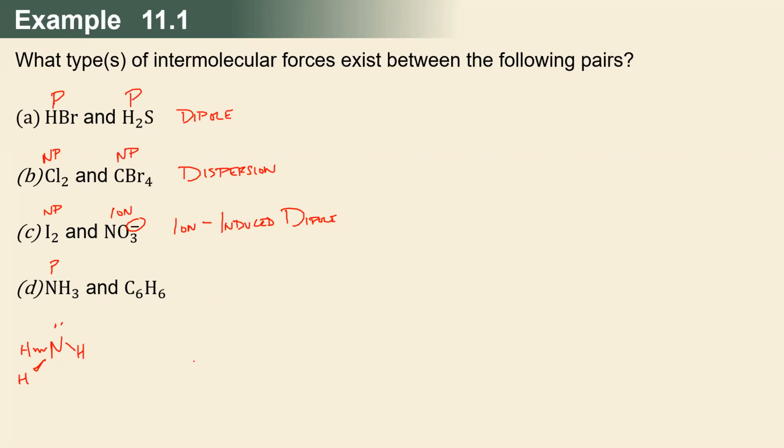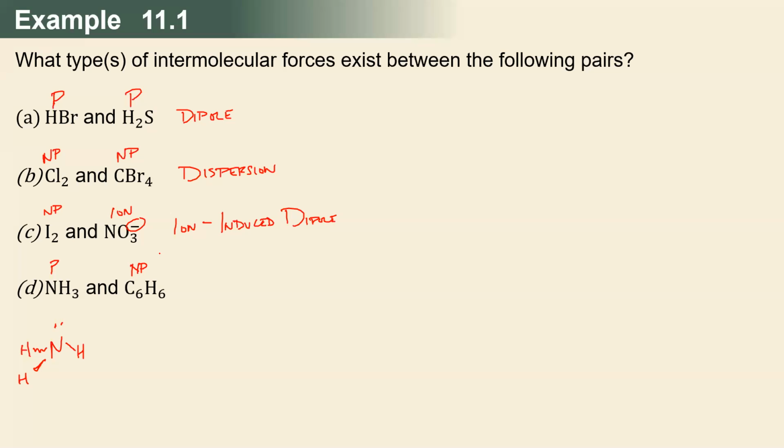C6H6, it turns out that that's all in a flat ring, and all those dipoles cancel out. Also, if you remember, our threshold for a nonpolar bond was a 0.4 difference in electronegativity, so that carbon and hydrogen always form nonpolar compounds. So if you have a compound that's just carbon and hydrogen, it's always going to be nonpolar.